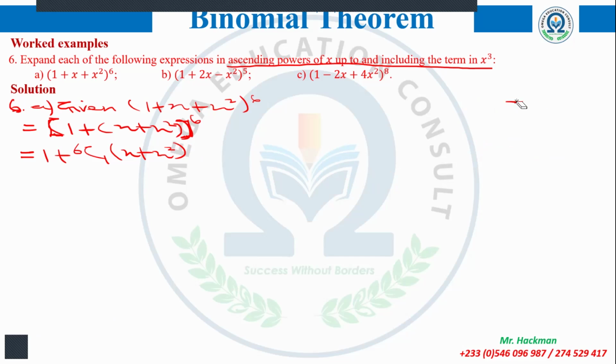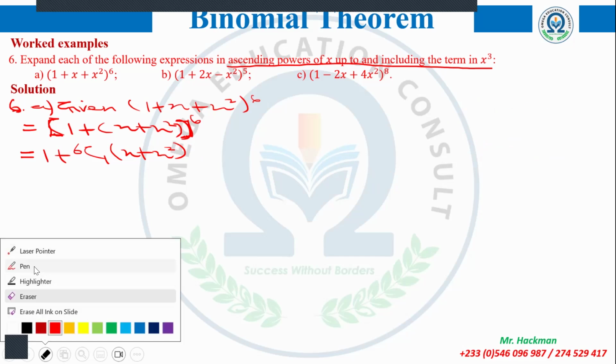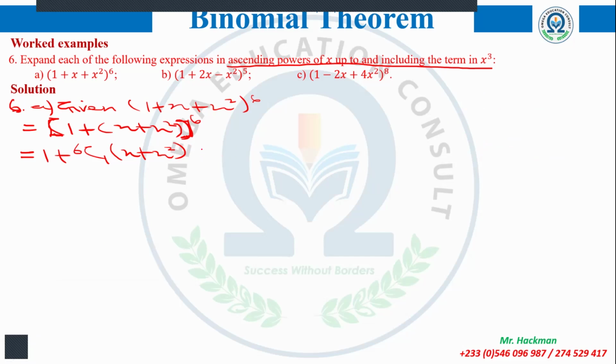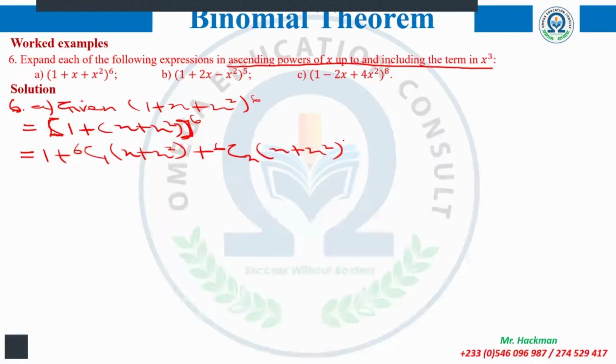So now this has served its purpose, so let me clear it to create more room. Then plus the next term will be 6C2, then your x, which is now (x plus x squared), but you raise the power, you increase it by 1, so it will be squared.